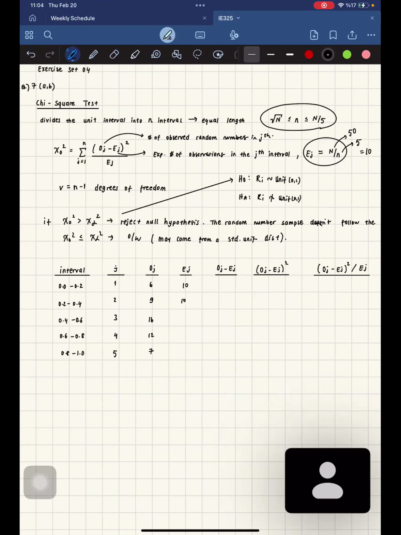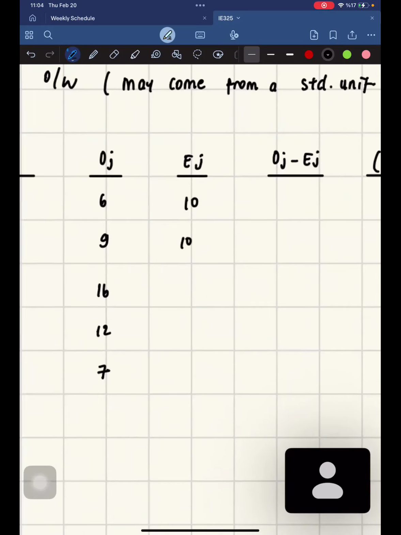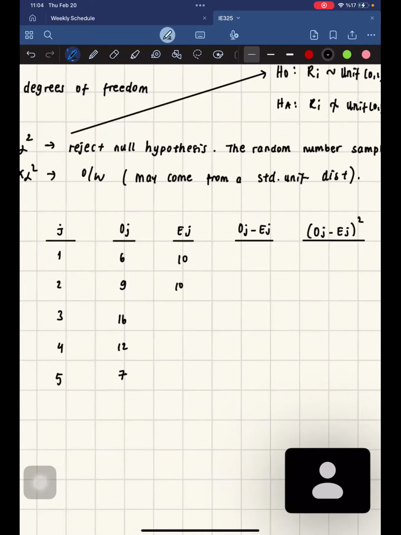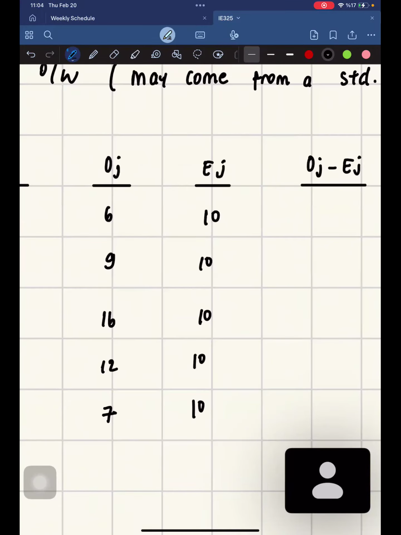Ej is the expected number of observations in the jth interval, so in each of the five intervals I expect 10 observations. However, these are my observed numbers.